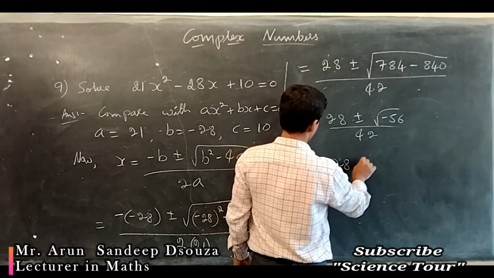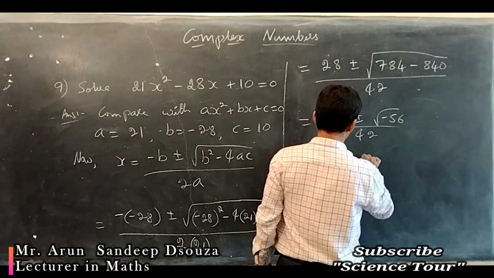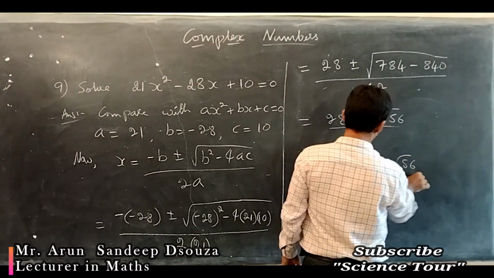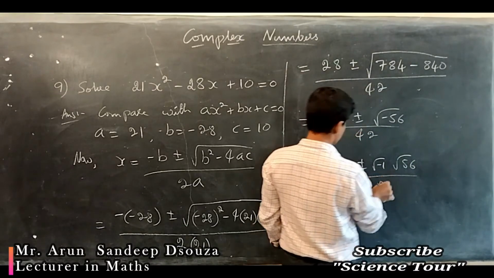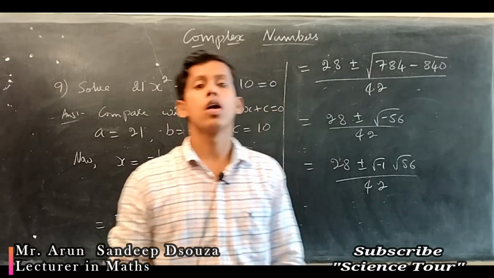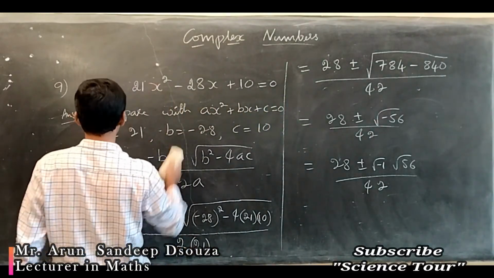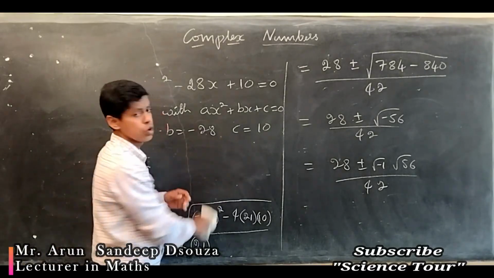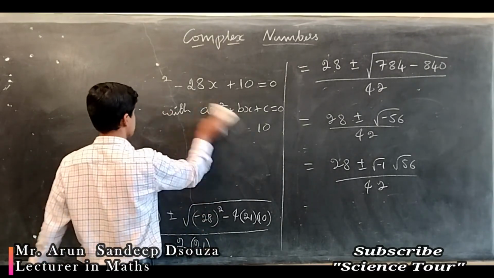Now first I'll write this as square root of minus 1 into square root of 56. Next I will again simplify square root of 56. How can we do that? You can divide by 4. So 4 into 14 is 56.